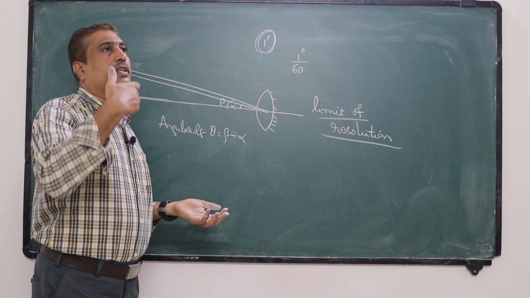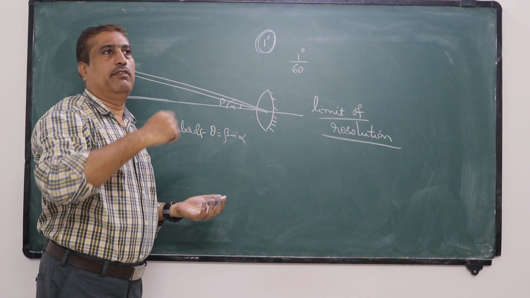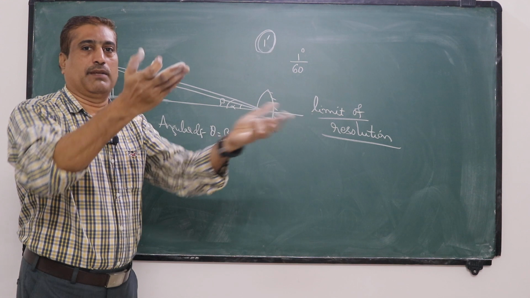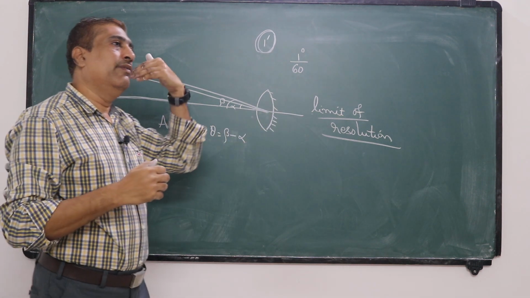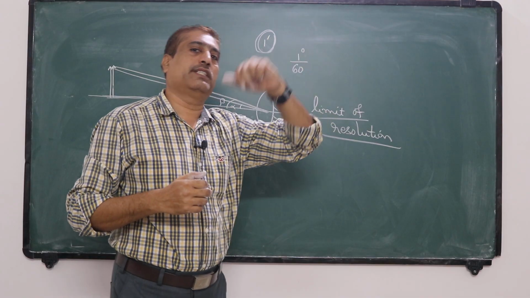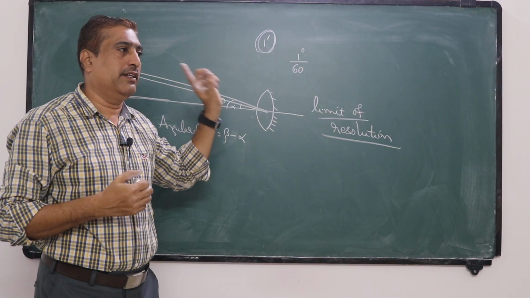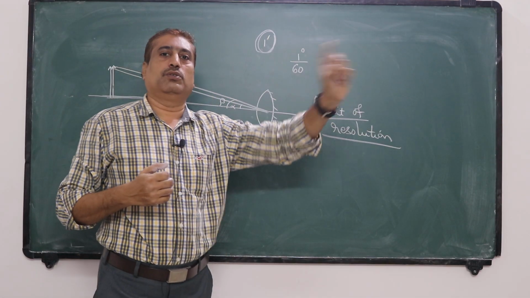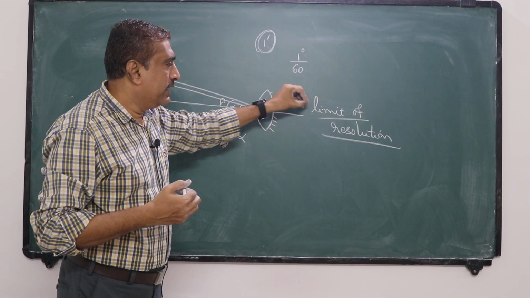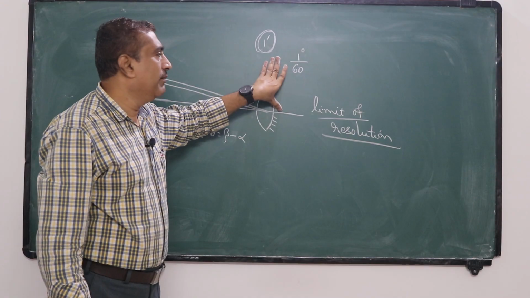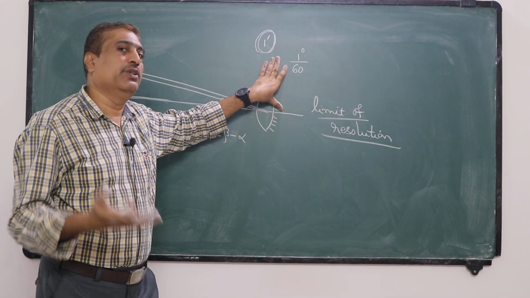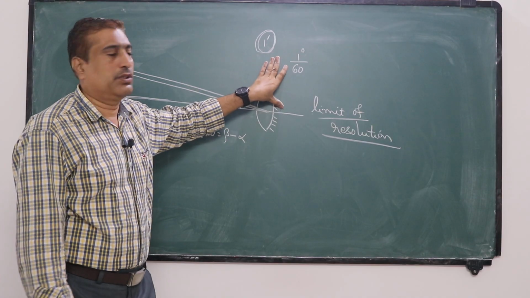Suppose we see two large distant objects very close to each other. Our naked eye cannot see them as separate, but when we observe through a telescope, those two objects appear to be separate. That means here the telescope has resolved the two objects. So if there is a limit on the resolution of our eye and we cannot resolve them as separate, we use optical instruments.